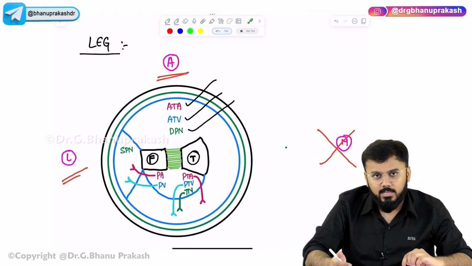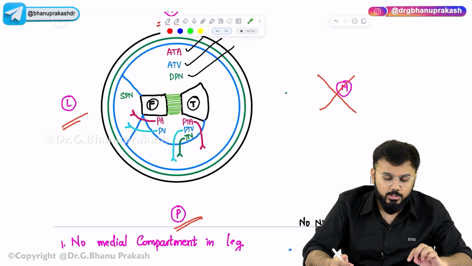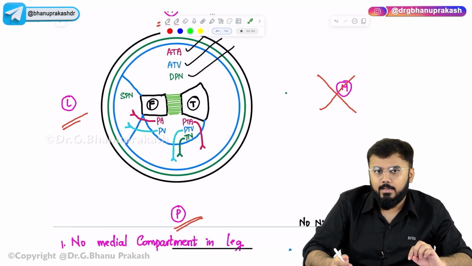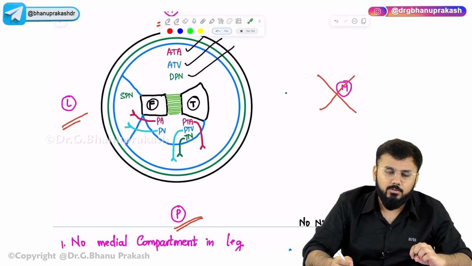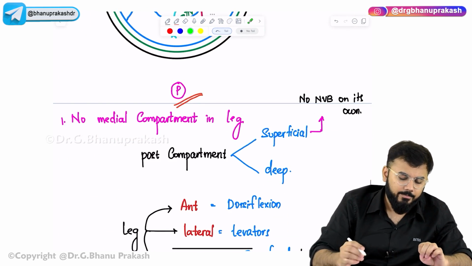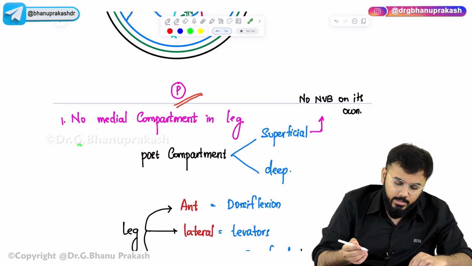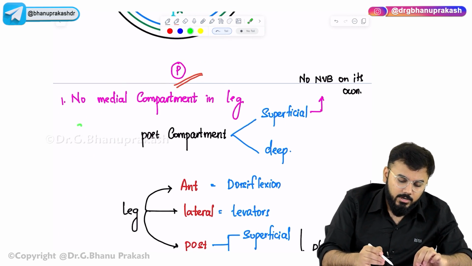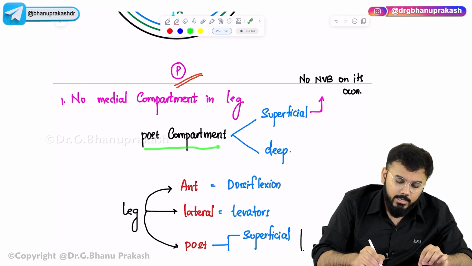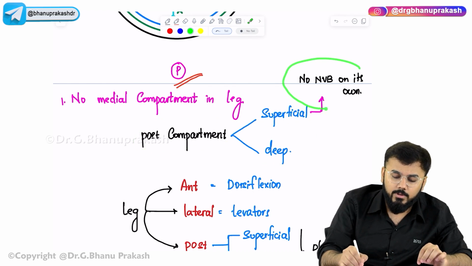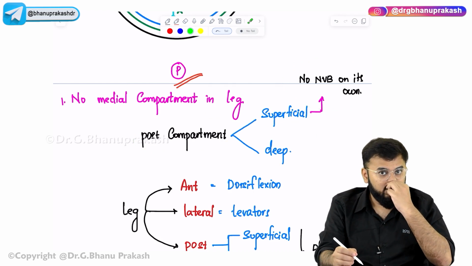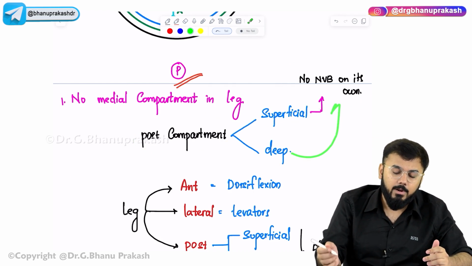This was a question that was asked in the recent AIIMS. The superficial compartment has no neurovascular bundles on its own, and it receives them from the deep compartment.